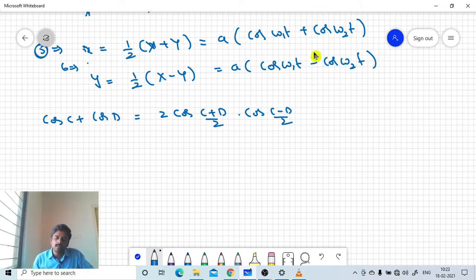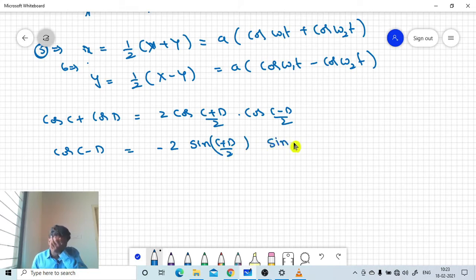We also have another formula, the cos C minus cos D formula. That is equal to minus 2 into sin of C plus D by 2 into sin of D minus C by 2.